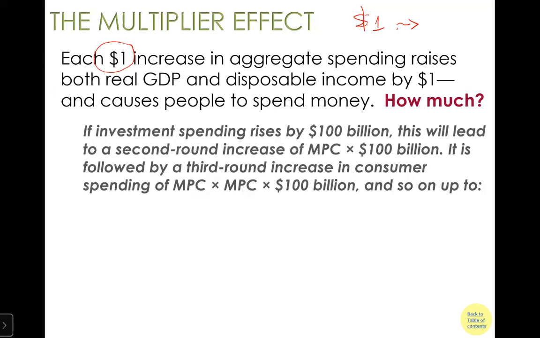Okay, so now let's see. Let's just say the total initial spending is 100 billion. In this example it is investment spending, but you can easily say the government decided to send everybody a check, right?